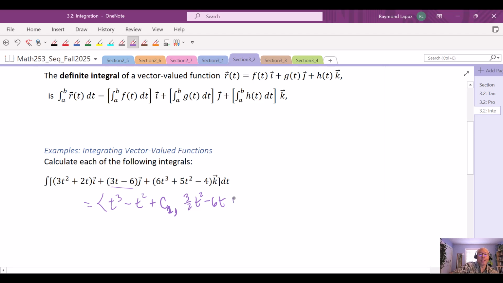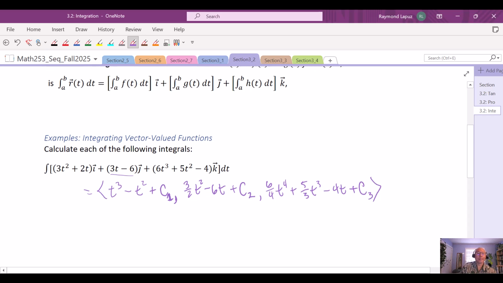There's a plus c here, and it's a different constant from the first. And then finally, this is going to be to the fourth, so 6/4 t to the fourth. We could simplify that. Plus 5/3 t cubed minus 4t. And then here you have another c.